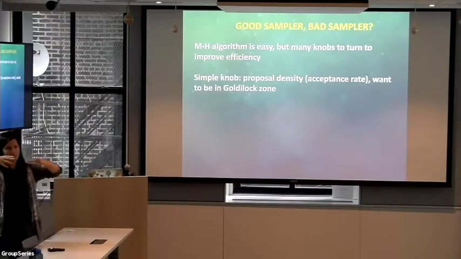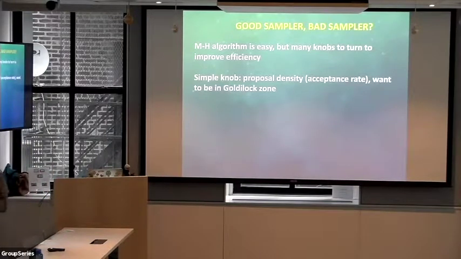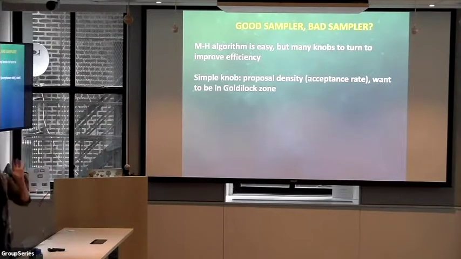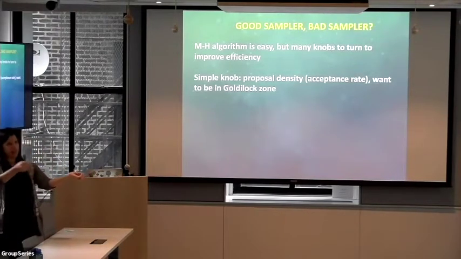But at the same time, it ensures that you are exploring more widely. People have different ideas, but typically your ideal acceptance rate wants to be between 1/4 and 1/2, say 30%-ish. And so this is one way that you can trade off between exploring and being efficient.